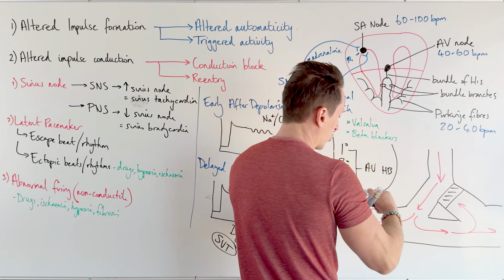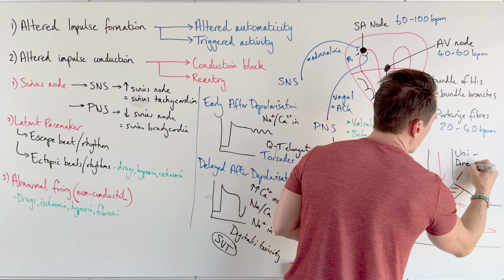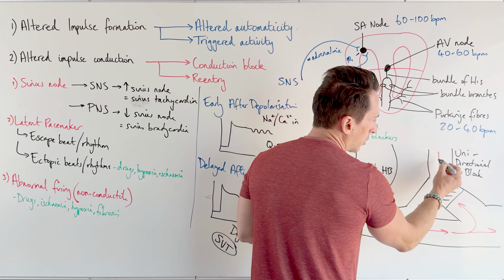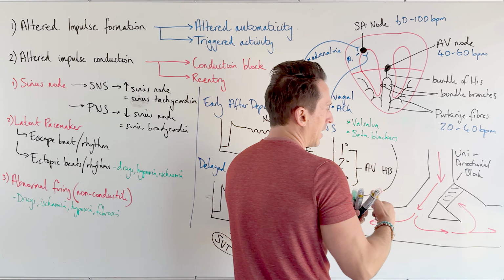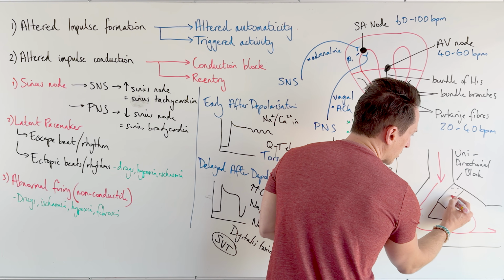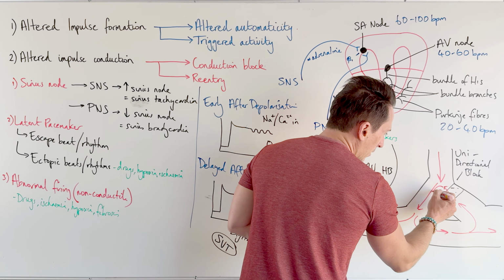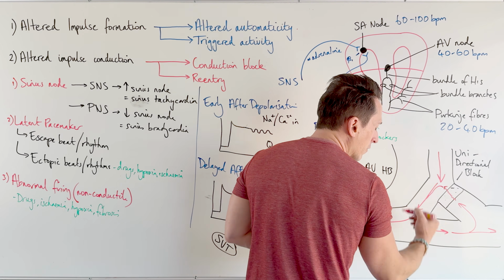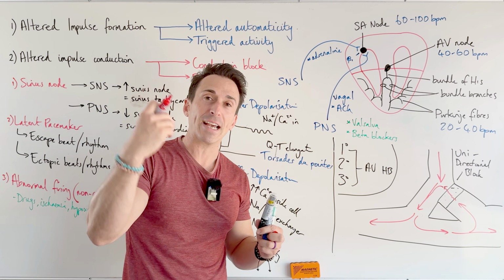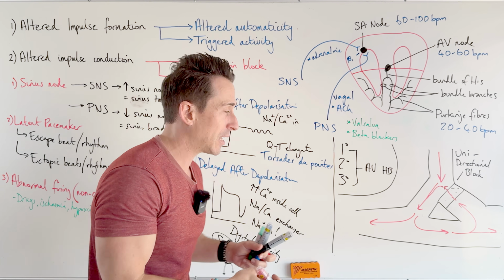But you can have something called unidirectional block, which means it couldn't go that way, but for whatever reason, it can go back that way, and it just makes it go a bit slower. So it does go in and it's going really slow, but it gets through it and then rejoins and starts the signal again. Now you've got re-entry. This is what's causing the heart to beat way too quick.